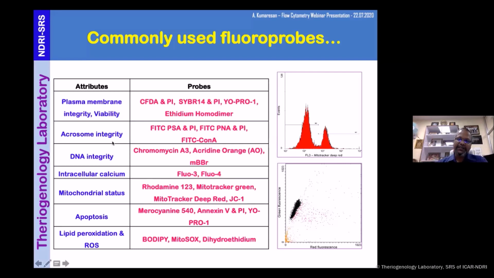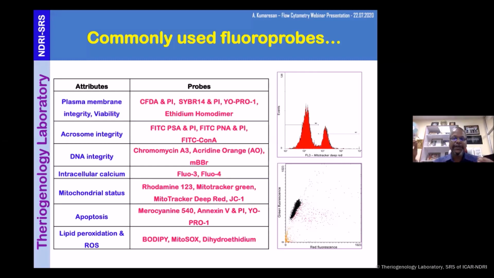DNA integrity can be assessed. SCSA, sperm chromatin structure assay, uses acridine orange. In normal sperm DNA, acridine orange gives a green fluorescence. I will show the flow plot a little later. Once the DNA is denatured, it shifts into the red area. So the green to red, or green to orange, fluorescence ratio gives the DFI, that is the DNA fragmentation index.